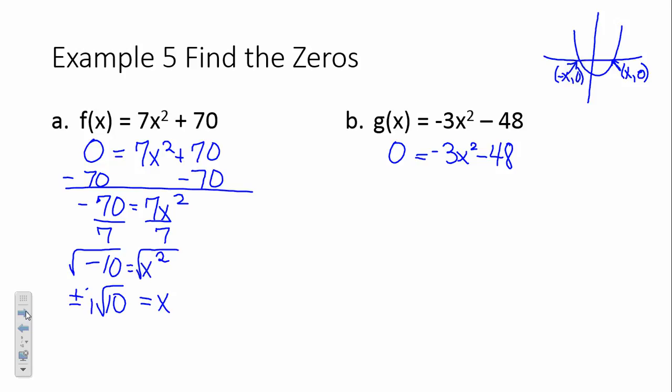So first step, bring the 48 to the other side. Someone else decided to make the 3x squared positive and bring it to the other side.